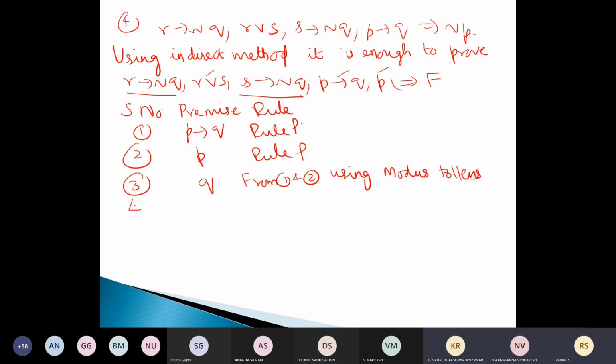And then next step. Next, which statement can you introduce? In this sequence, if you go, which can you introduce? S tends to not Q. So use 3 and 4 now.